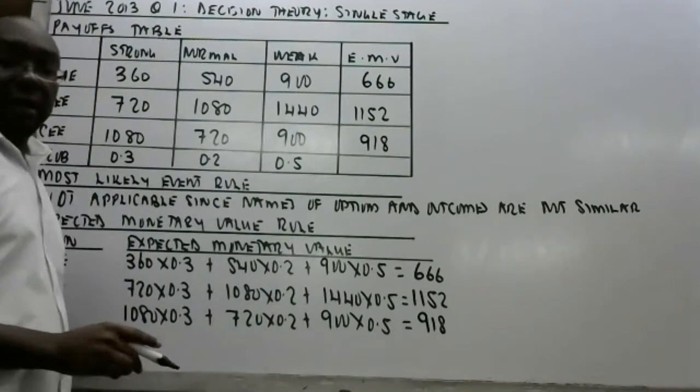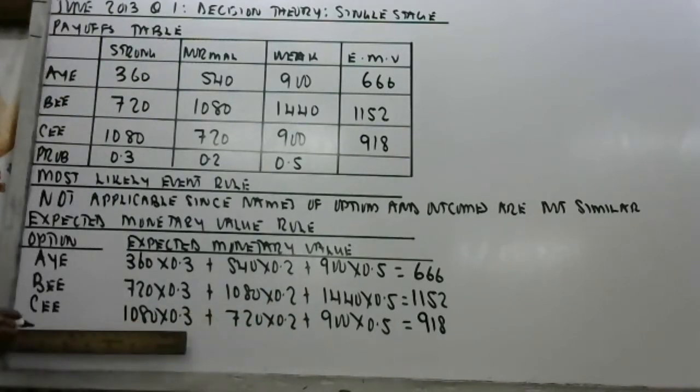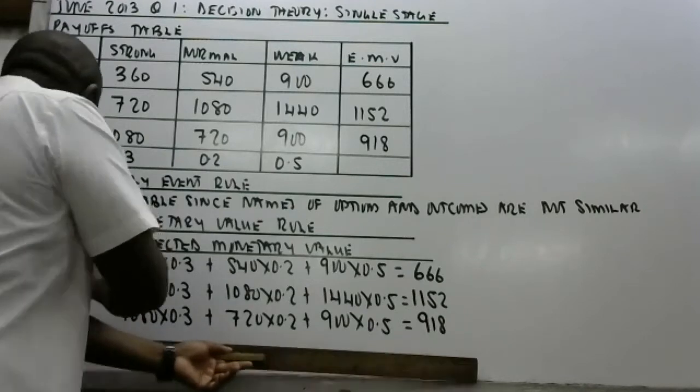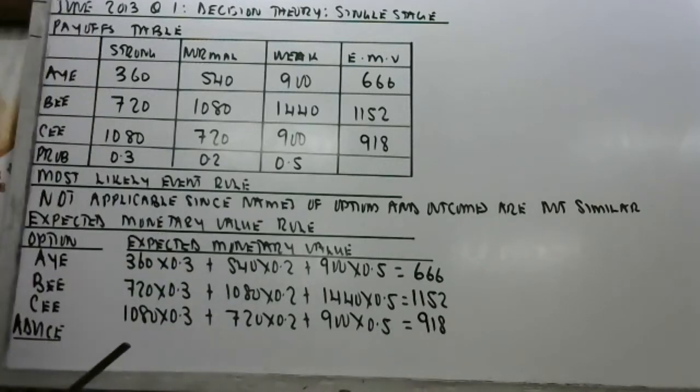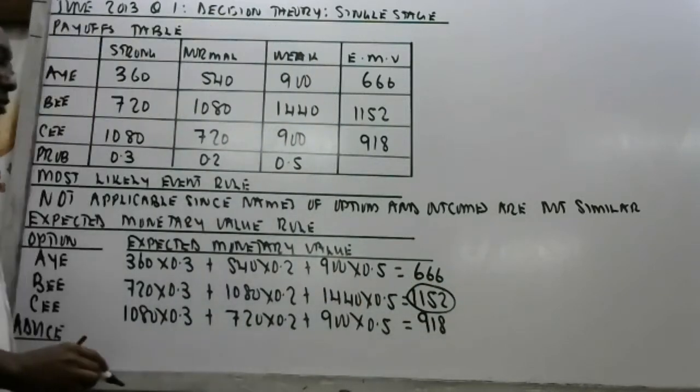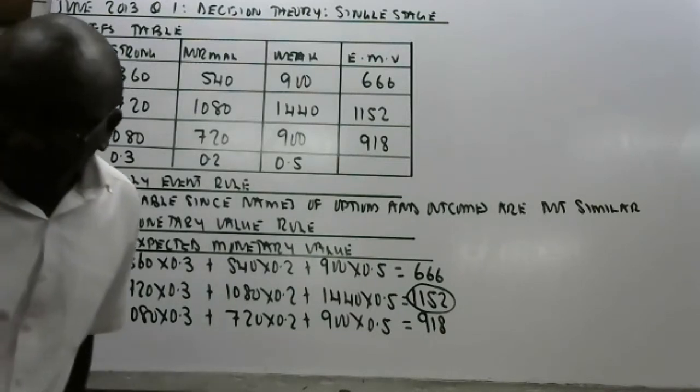Then, based on that, now you offer the advice. The advice, we go for the highest. The highest of this is this. So, the question was saying what?